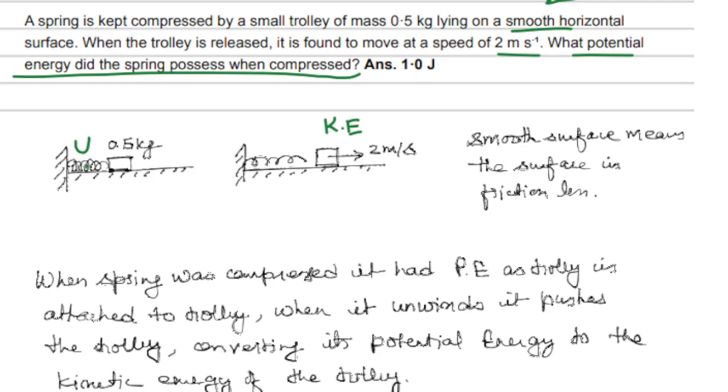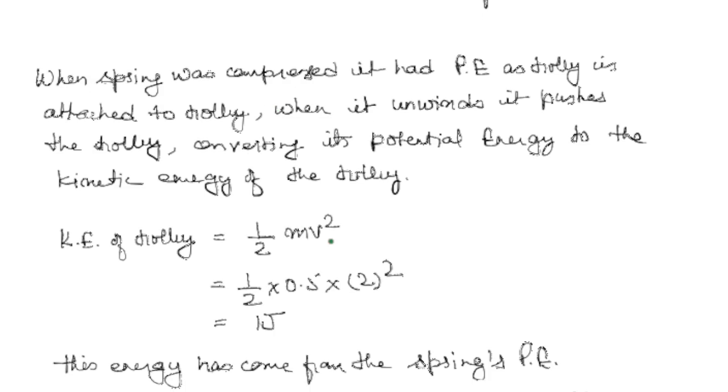It was compressed, it released its potential energy into this box, and the same energy was converted into kinetic energy. So if we calculate the kinetic energy here, we know what the potential energy of the spring was when it was compressed. We will just use the half mv square formula, and that will be 1 joule. So the energy of the spring is also 1 joule.